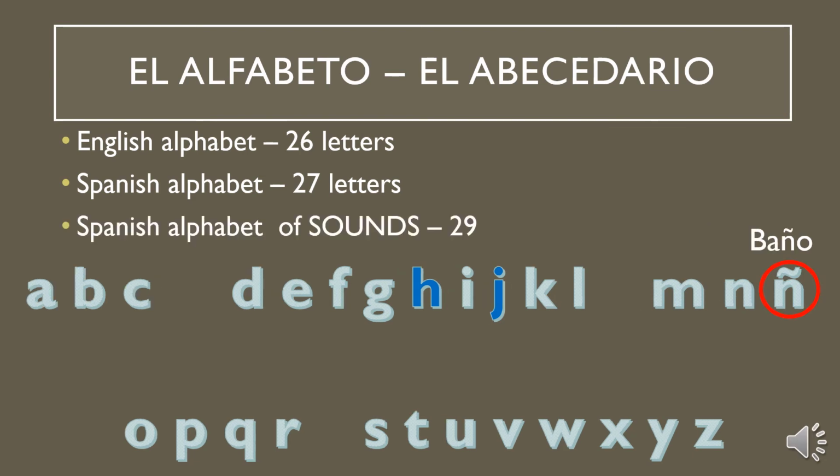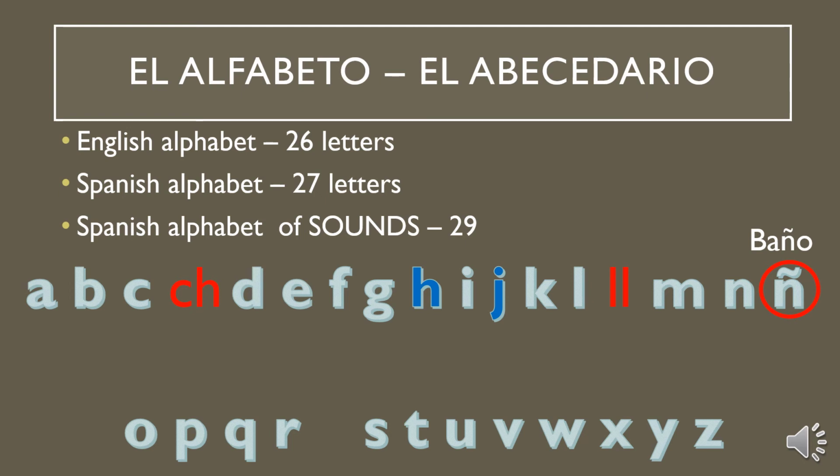The Spanish alphabet used to have 29 letters, but 2 were taken out of the official alphabet for the purposes of alphabetizing things, but they are still included for their sounds. They are che and elle. The ch, che, makes the same sound in a word as it does in English, but the double L is very different.